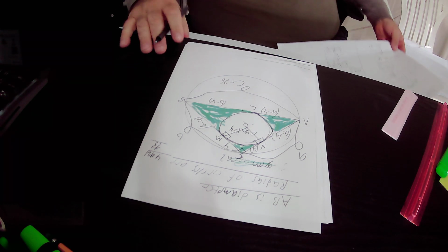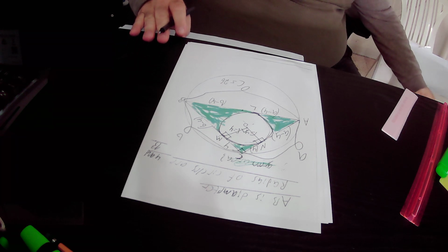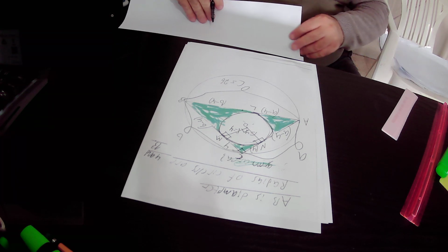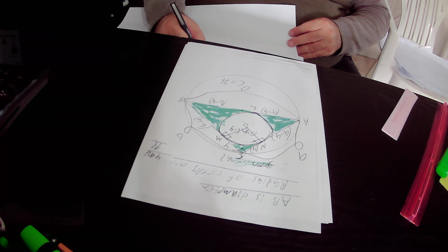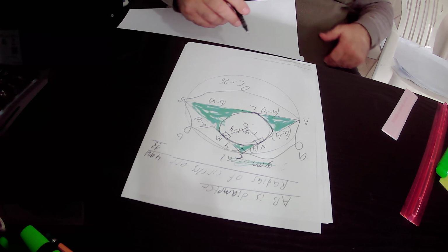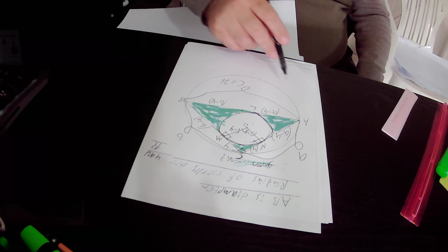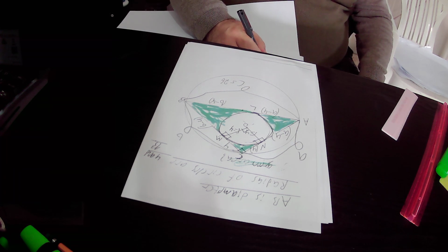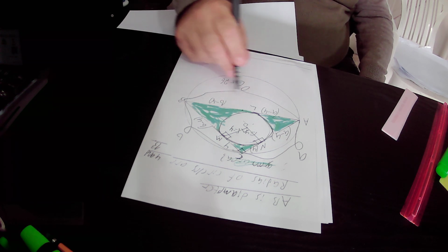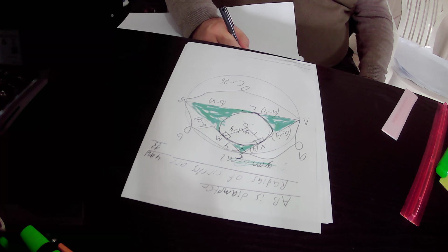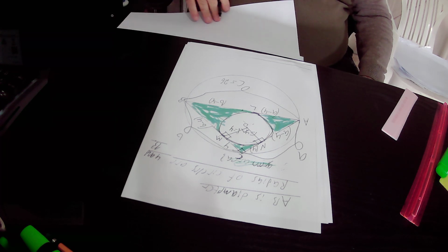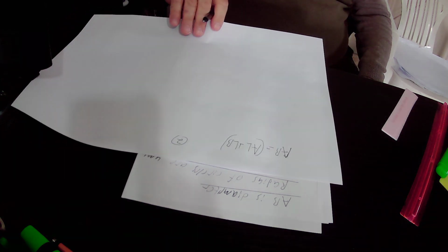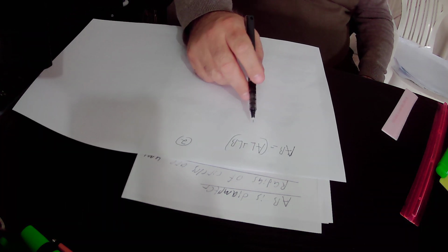Okay, so here the diameter AB of this circle equals AL plus LB. I'll repeat again, the diameter of the circle, AB, equals AL plus LB.